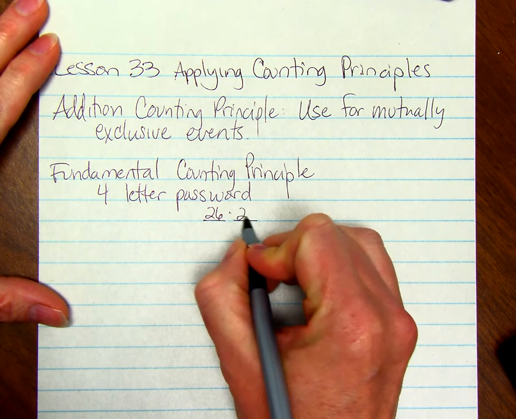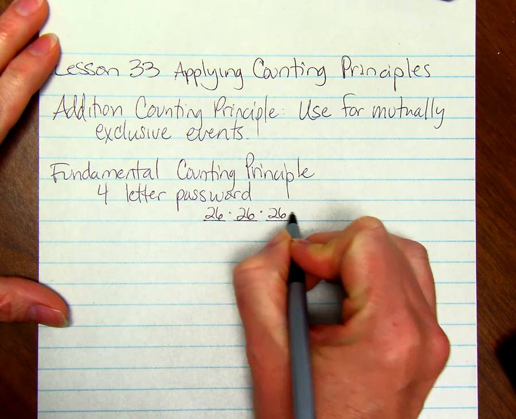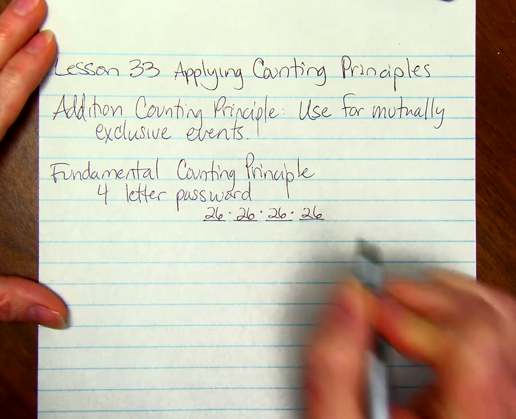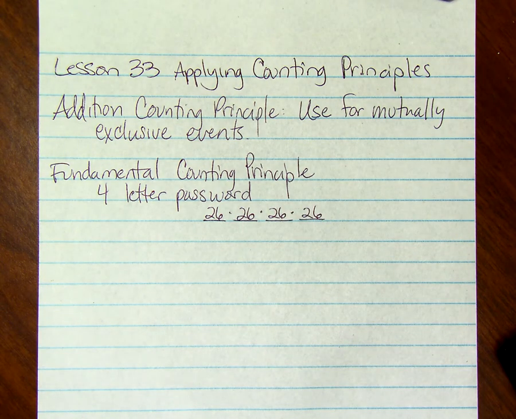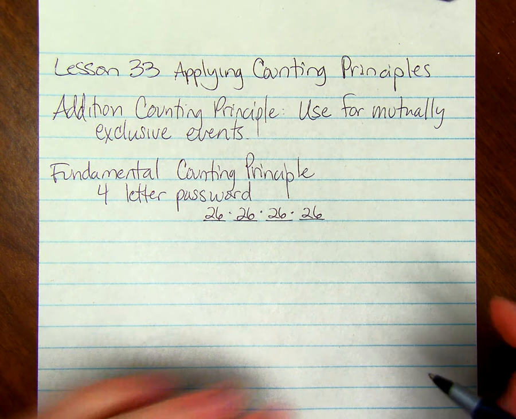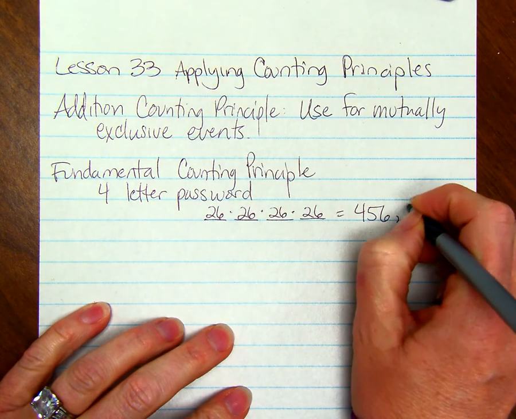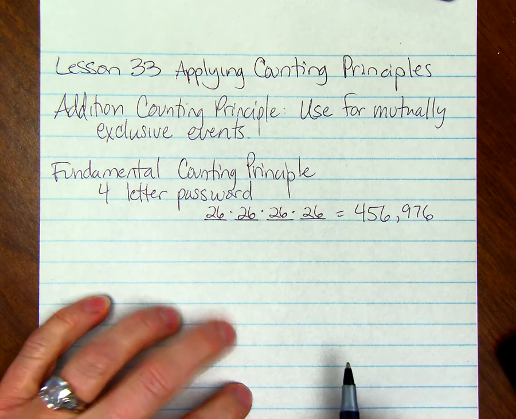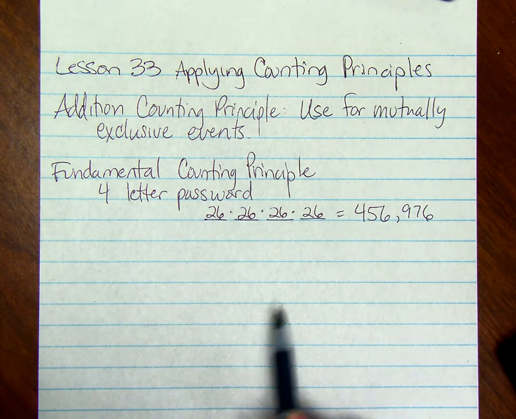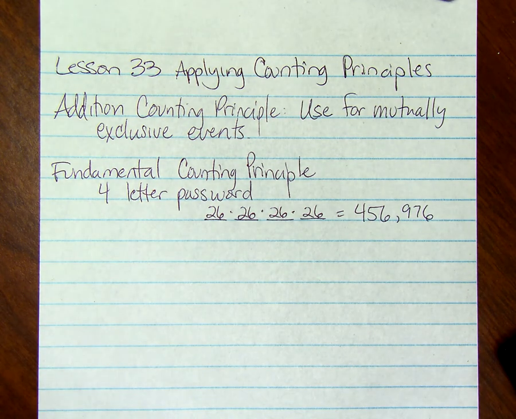The second one, 26. You would have to multiply 26 times itself 4 times, or 26 to the 4th power, and we would get 456,976 different 4-letter passwords that this student could choose. That's just the fundamental counting principle.